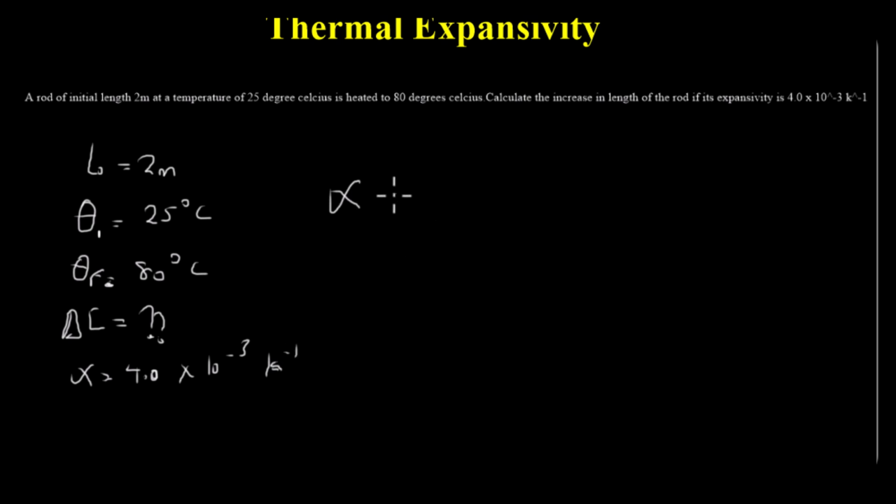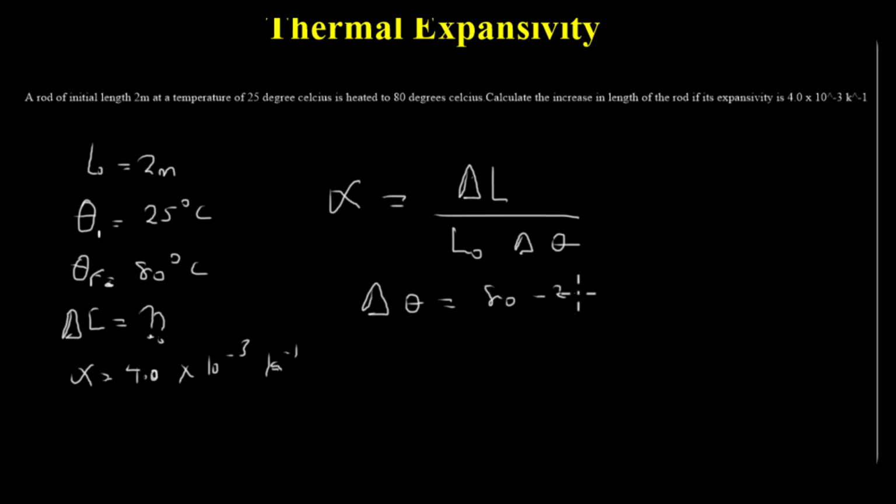So we know that from our formula, alpha is given as change in L over initial length, then times temperature change. Now, how do we get temperature change? By simply taking the final temperature and subtracting the initial temperature. So we have 80 minus 25, and 80 minus 25 gives us 55 degrees Celsius. Now, we've gotten our change in temperature. We know our initial length.